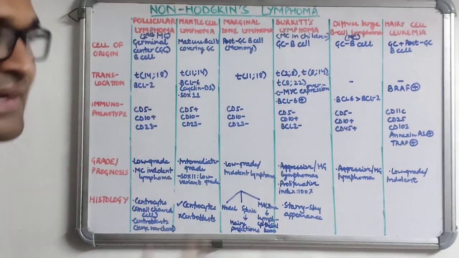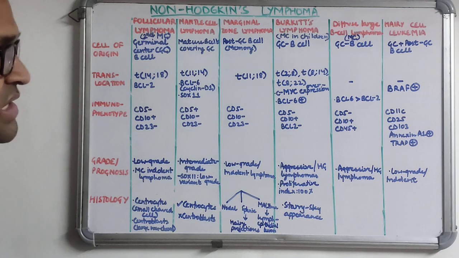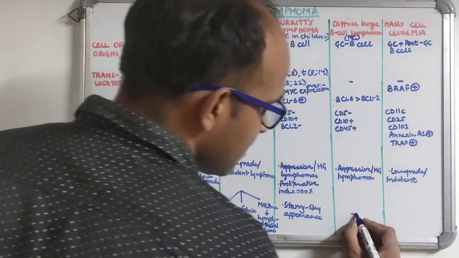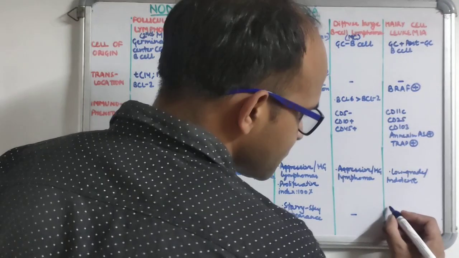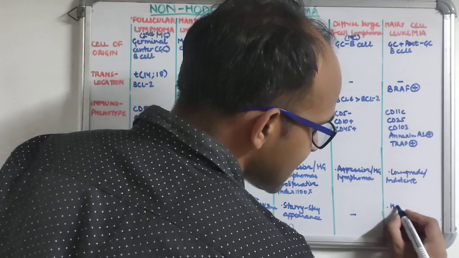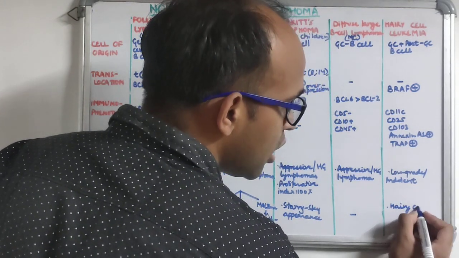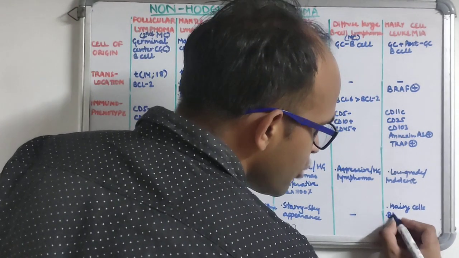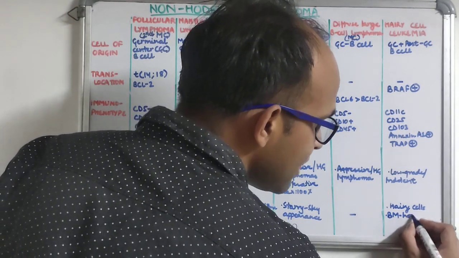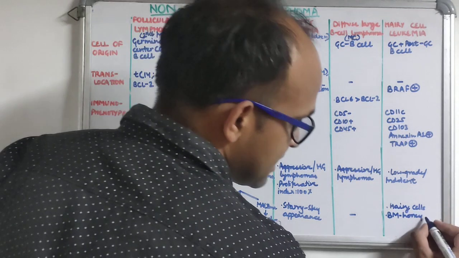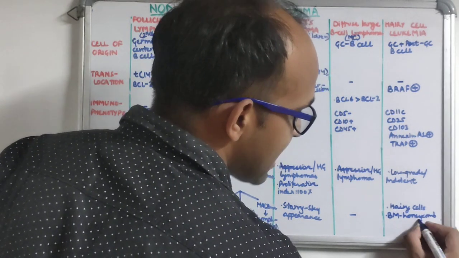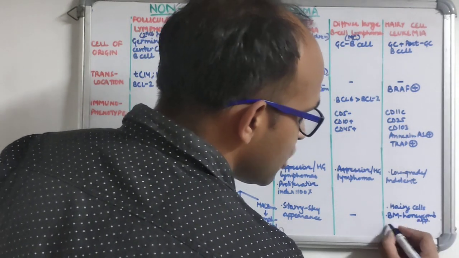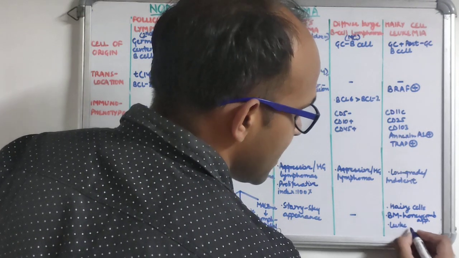And in DLBCL, there is no such characteristic histology. In hairy cell leukemia, there are hairy cells. Apart from that, the bone marrow has a honeycomb appearance and the leukemic cells have a fried egg appearance.